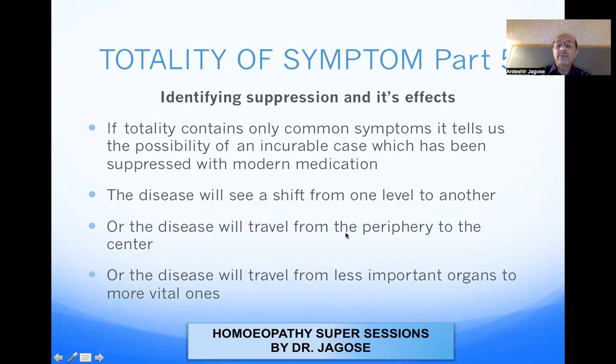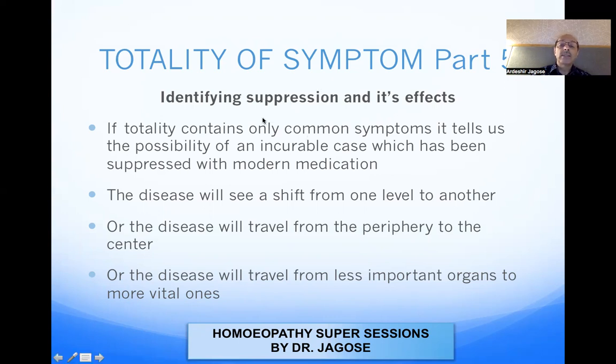Or the disease will travel from periphery to center, or the disease will travel from less important organs to the more vital ones. So please remember, you cannot say that suppression will only take place when the patient is overdrugged with modern medication, but it will also take place when there's a shift from the periphery to the center, from less important organs to the more vital organs.